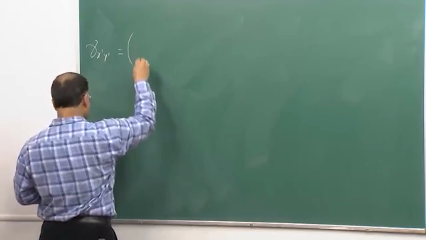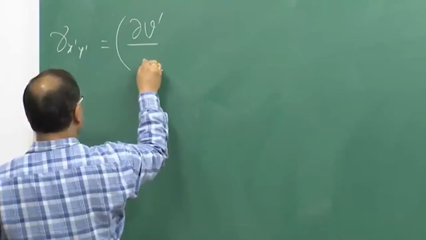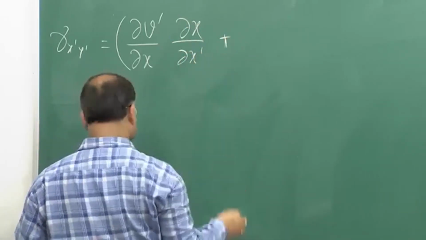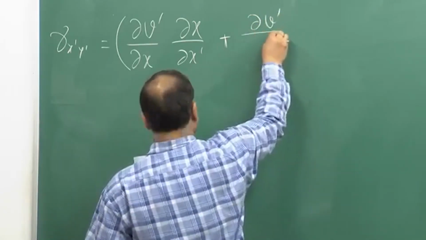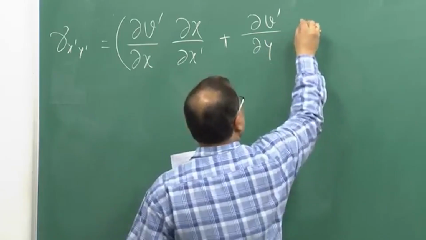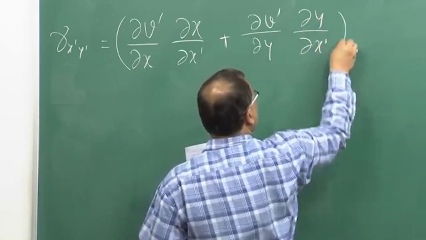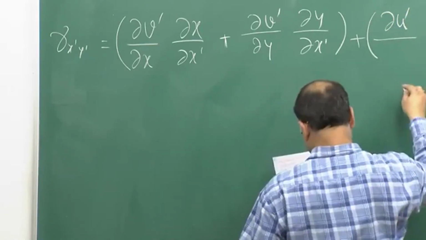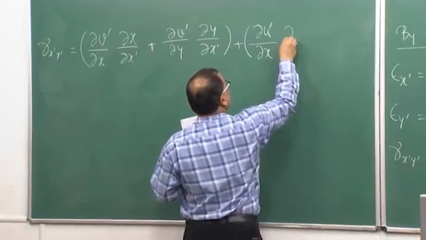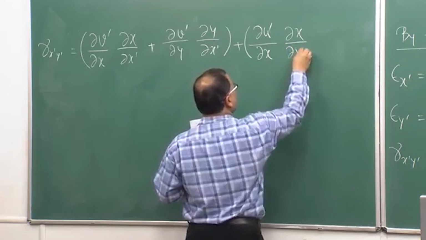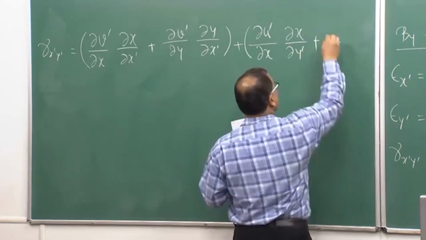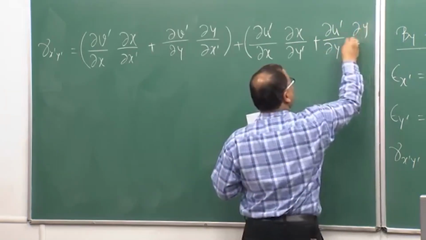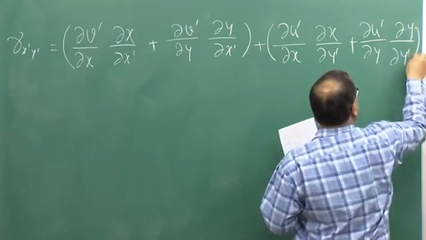In the chain rule system, we can write del v prime del x del x del x prime plus del v prime del y del y del x prime, plus del u prime del x del x del y prime plus del u prime del y del y del y prime.